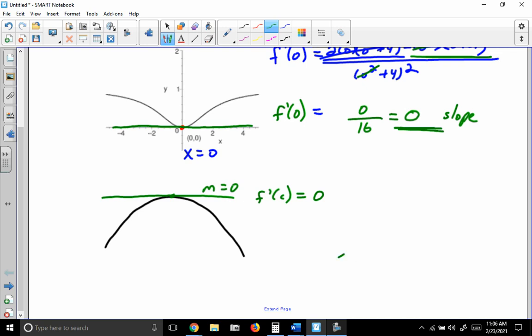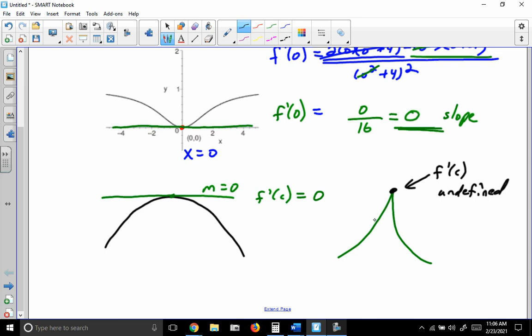Now, there is another instance, and that's when we have an extrema that looks like this. And I believe we discussed back in chapter 2 that if we have a function that looks like this, then at that point, our first derivative is undefined. And we discussed why that is.